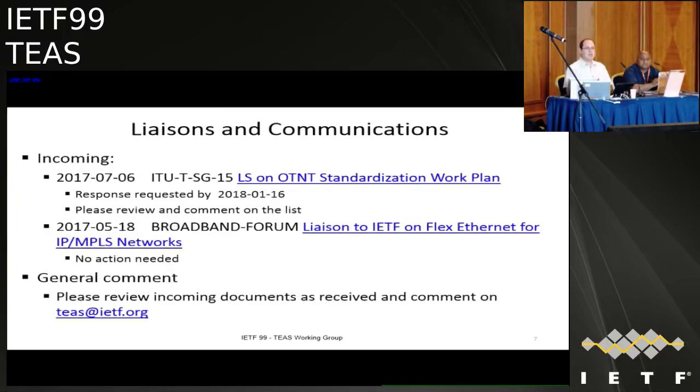We did receive the work plan from study group 15. There is a response requested, but as usual, it's a little hard to figure out what the right response is to our work plan. If you have any suggestions or comments, as always, send them to the list. We also received a liaison from BBF on Flexi.